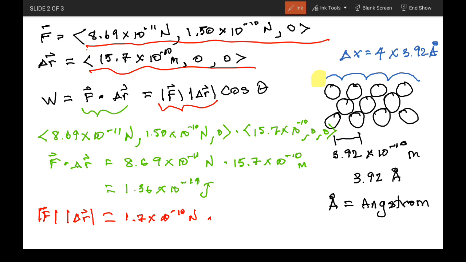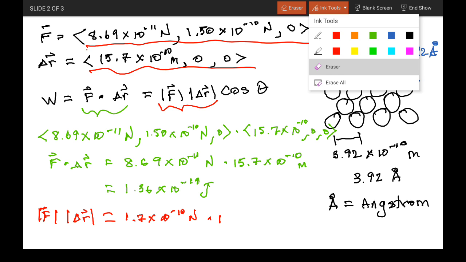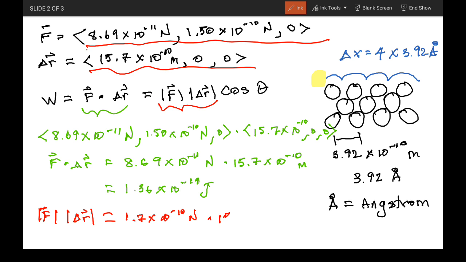And we're going to multiply that by this distance, 15.7. And when I calculate that, I will get 2.7 times 10 to the minus 19.